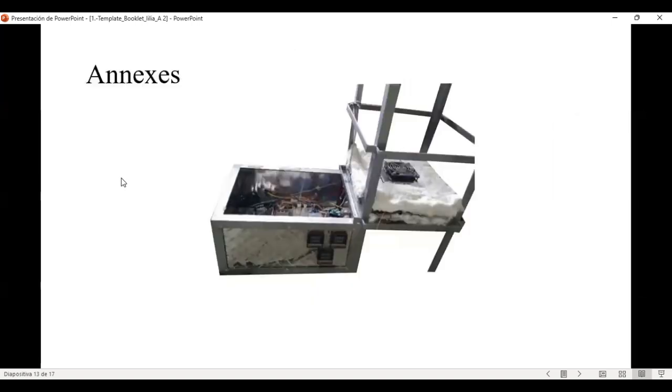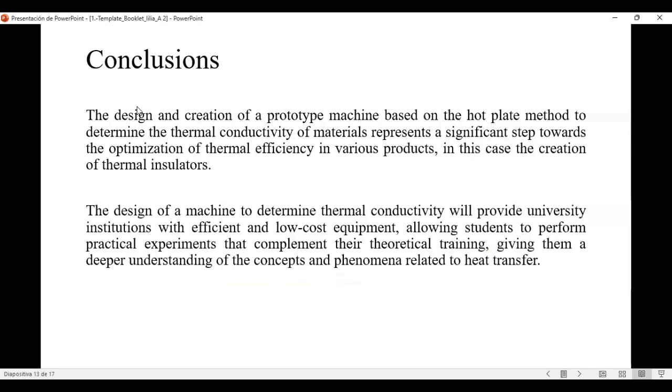The final prototype is presented here. Conclusions. The design and creation of a prototype machine based on the hot plate method to determine the thermal conductivity of materials represents a significant step towards the optimization of thermal efficiency in various products. In this case, the creation of thermal insulators.